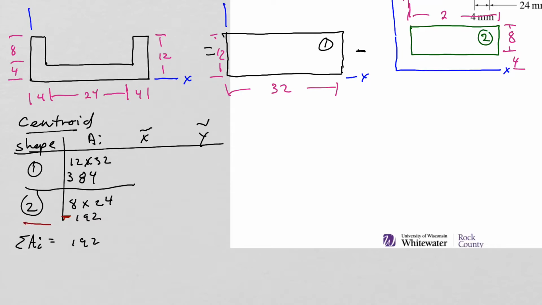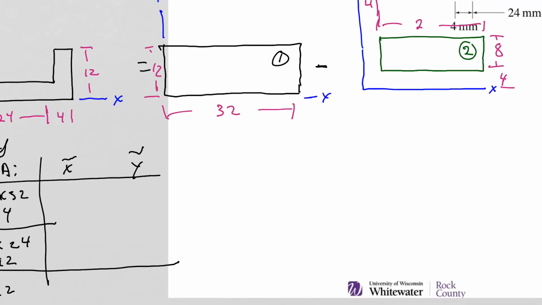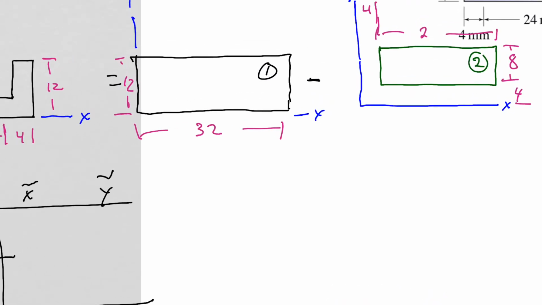Next, we want to look at our x tildes and y tildes. And remember, the x tilde is the distance to the y-axis, and the y tilde is the distance to the x-axis. Both shapes are just rectangles. We know our centroid is located right in the center.